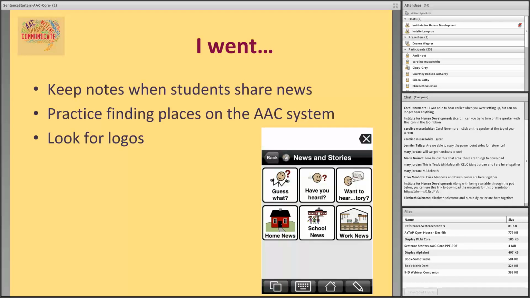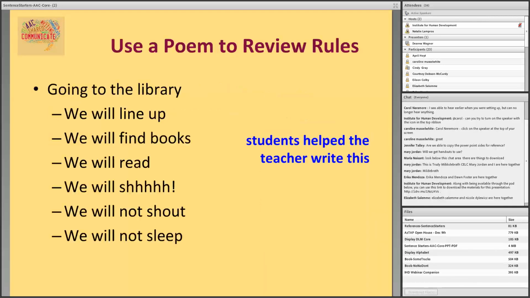So we can use a sentence frame for I went, and again, as a predictable chart, each student would do 1 line in an I went predictable chart frame. Here's a we will chart that we did with the students and the teacher to talk about what we're going to do. This was about following the rules, going to the library.